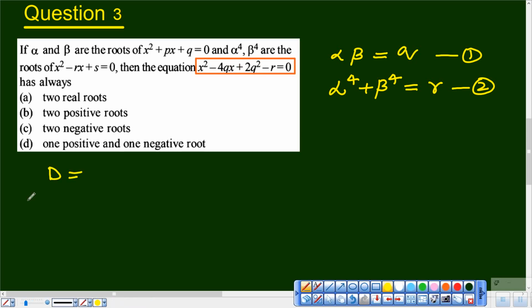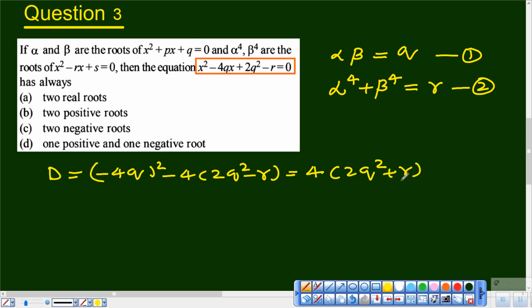So that is minus 4q whole square minus 4 times 2q square minus r, which is going to be equal to, of course, you can compute that, 4 times 2q square plus r.